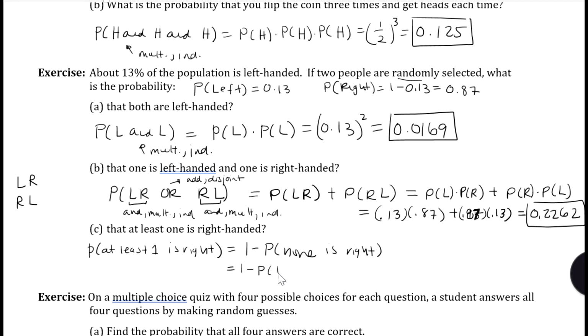And that's going to be that both are left-handed. It's actually what we figured out here in part A. So it's going to be 1 minus 0.0169 from part A work. And that will give us 0.9831.